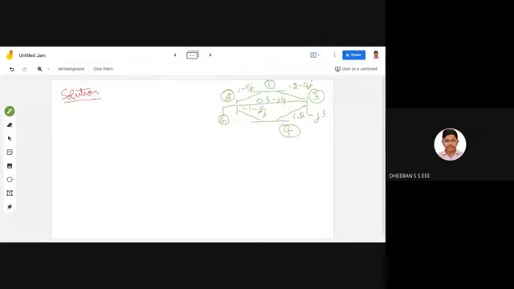So as per step one, formation of the admittance matrix or your Y-bus matrix.